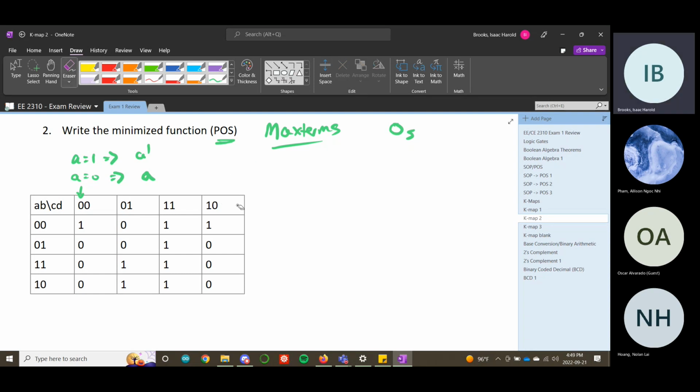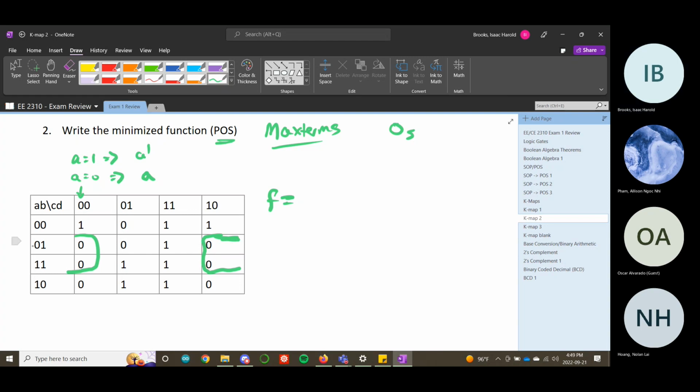So let's draw our circles again, but this time we are drawing circles around the zeros. So we're going to be looking for any 4 pieces that we can draw. Does anyone see any? Exactly. So these are going to be wrapping around the side like this. We're circling the zeros. So for example, this one, let's say this is f. This is still the same function f. It's not f naught.